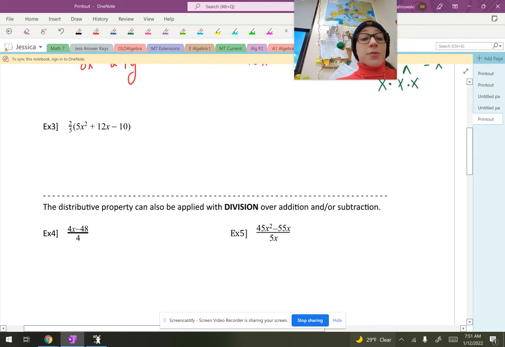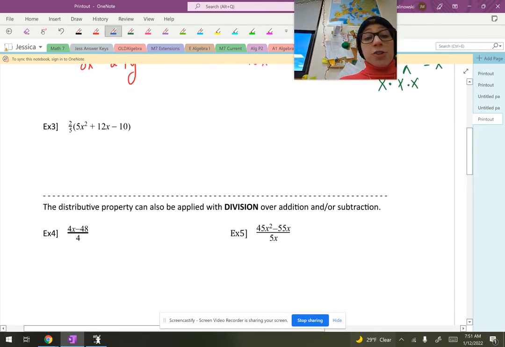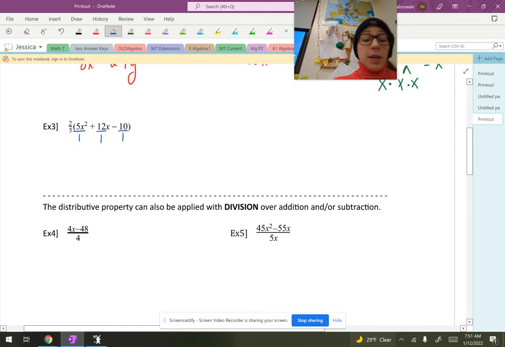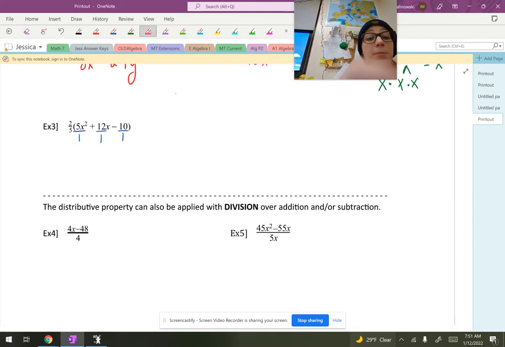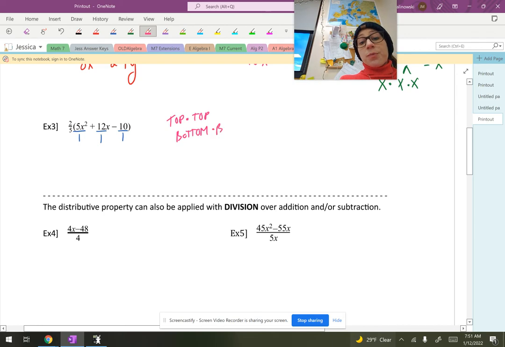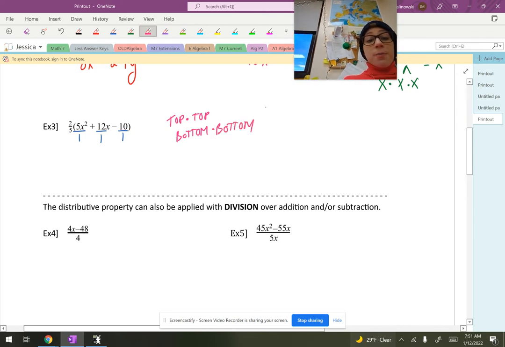All right, example 3 here, dealing with a little bit of a fraction distribution in 3 pieces, no big deal. Remember, each one of these pieces can be made a fraction by putting it over 1. And now I'm just multiplying tops times tops, bottom times bottom. Good old school fractions.